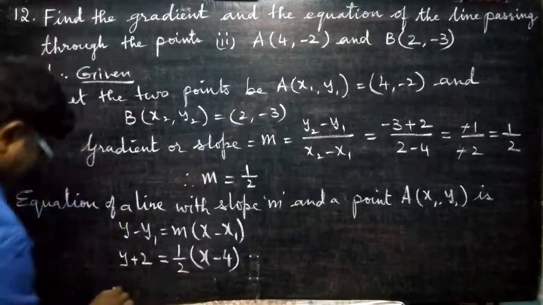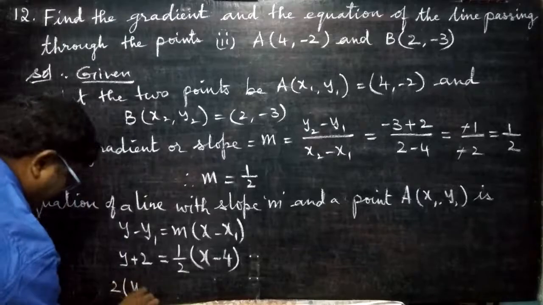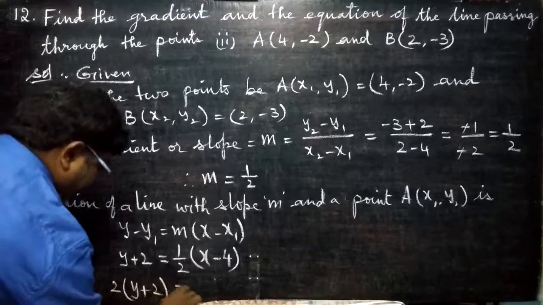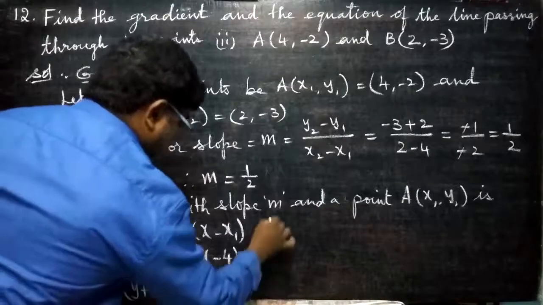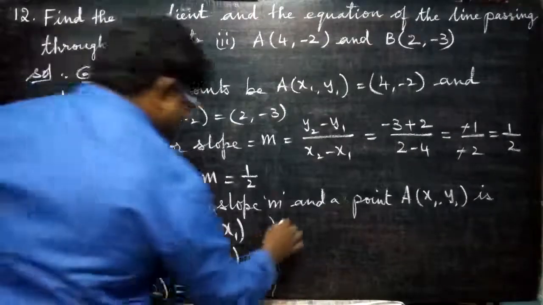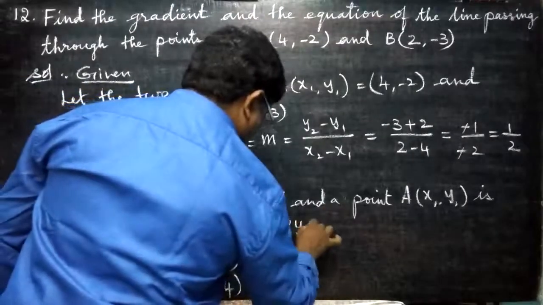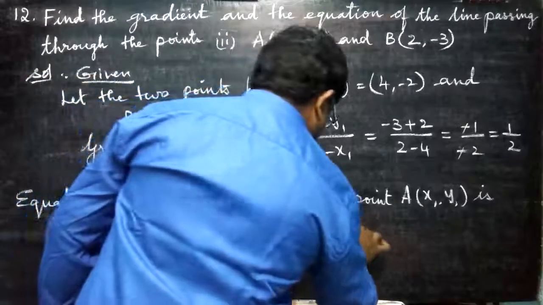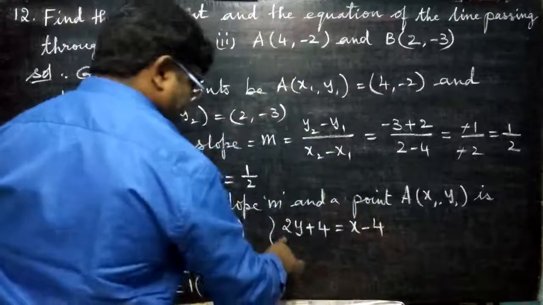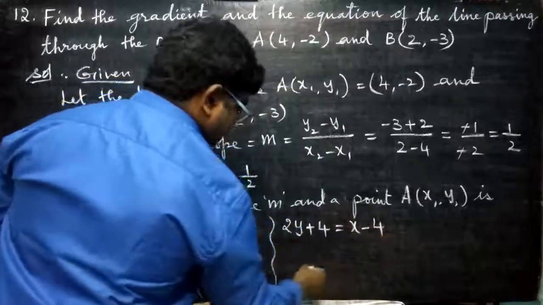Now do cross multiplication. 2 into y plus 2 is equal to 1 into x minus 4. Now multiply. 2y plus 2 2s are 4 is equal to x minus 4. Now bring this left hand to right.